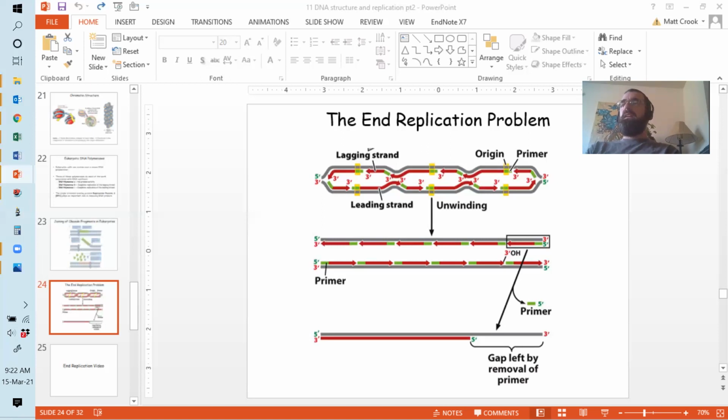And so now, once a cell hits the Hayflick limit, it stops dividing and enters what's called senescence, if I can spell that right.